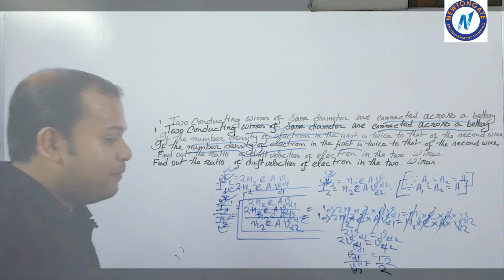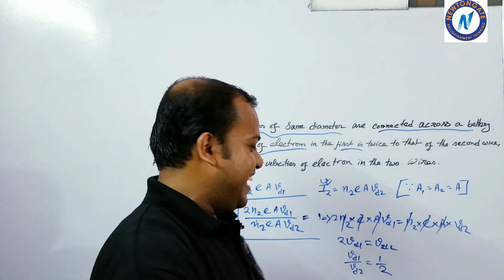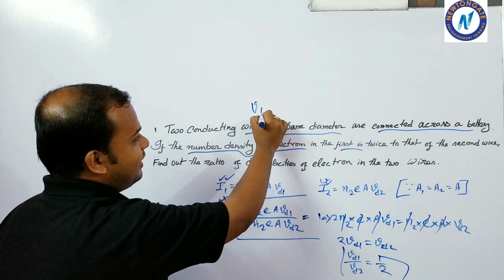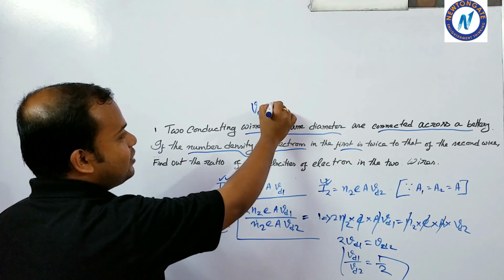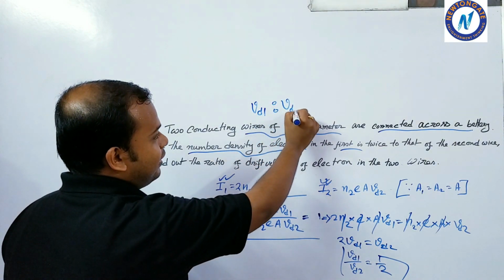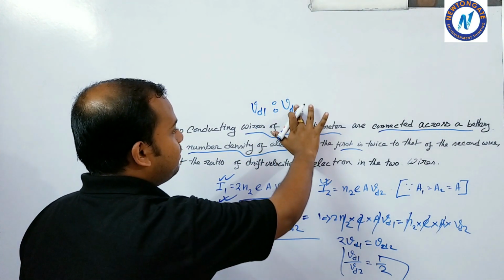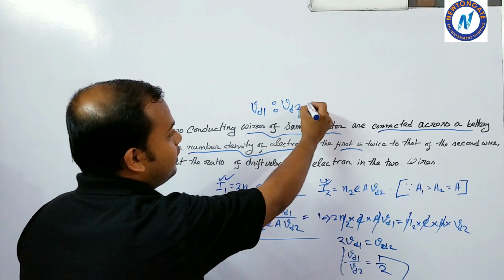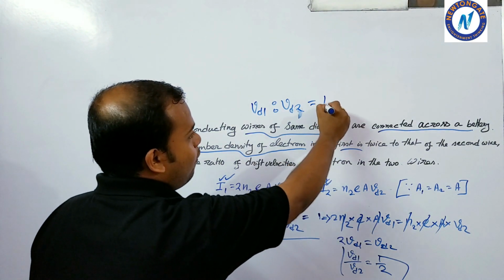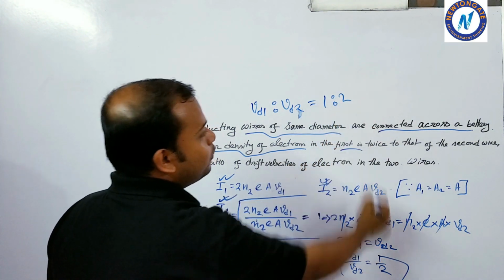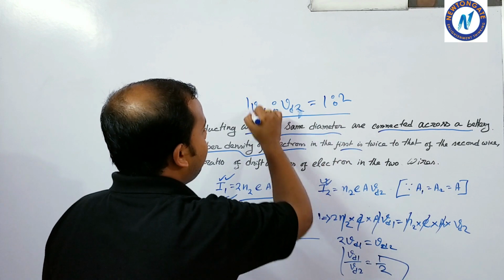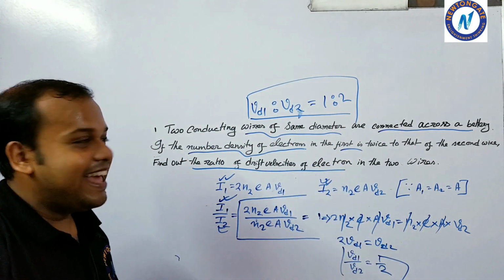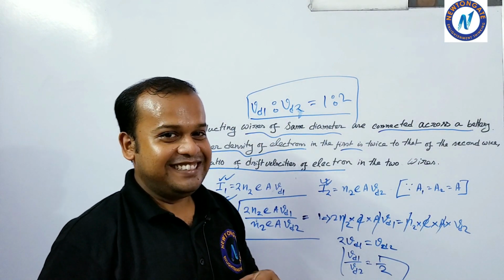This is actually 1 by 2, and hence can I say that VD1 is to VD2 is basically equals to 1 is to 2, and this is our required ratio. This is the required ratio between the drift velocities, and this is the solution.